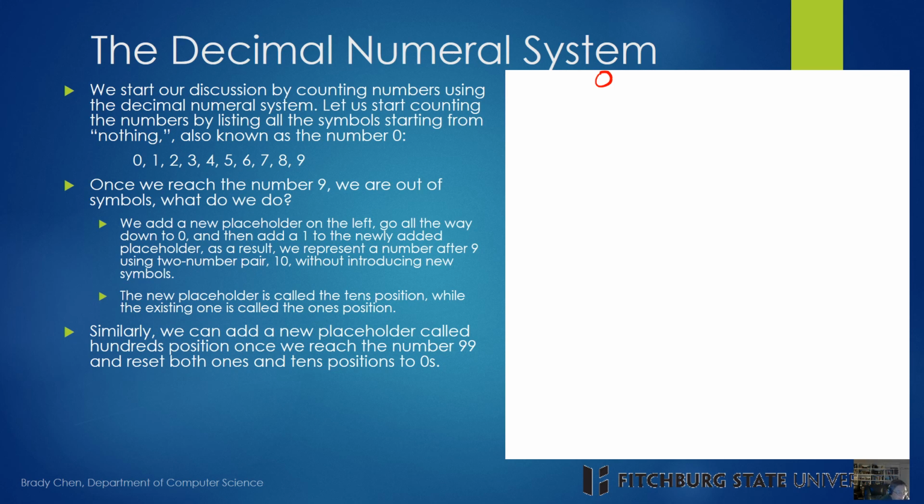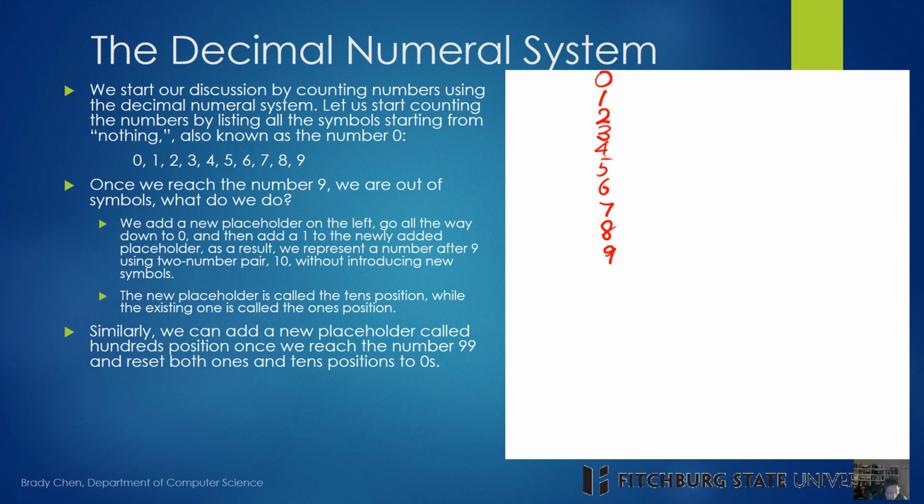So we count 1. Then we add 1 again on top of 1, so we get a 2. Add another 1, we get a 3. So we keep adding to the existing number. So we get 4, 5, 6, 7, 8, and 9.